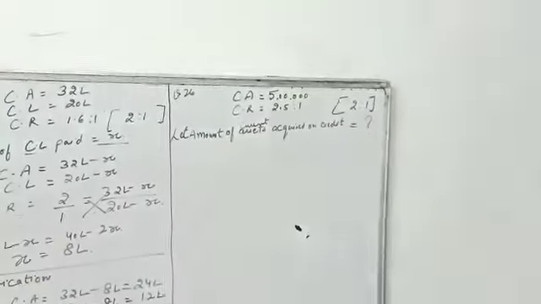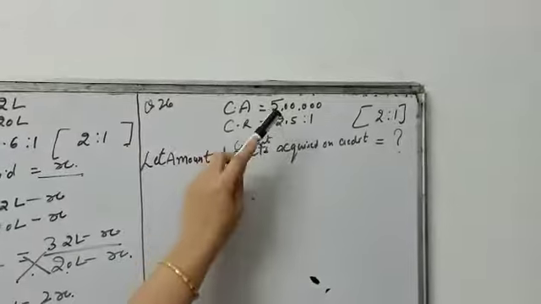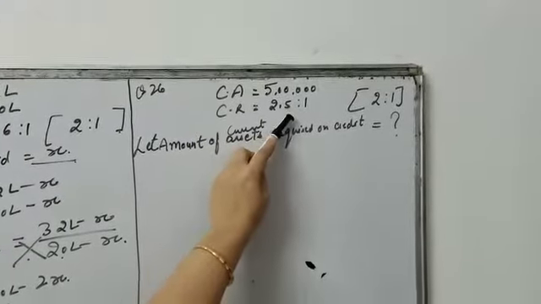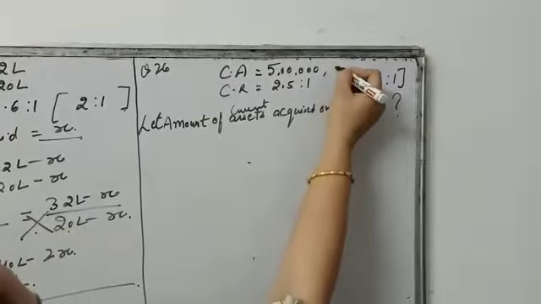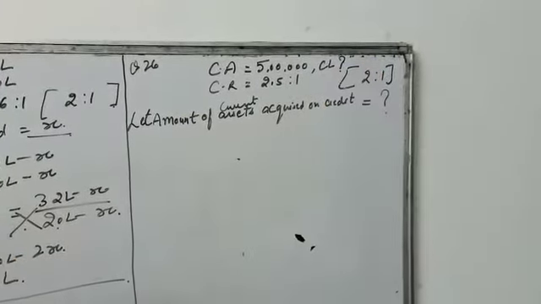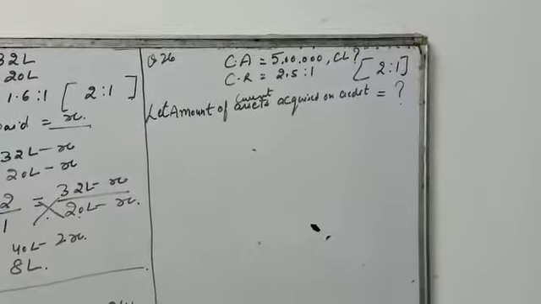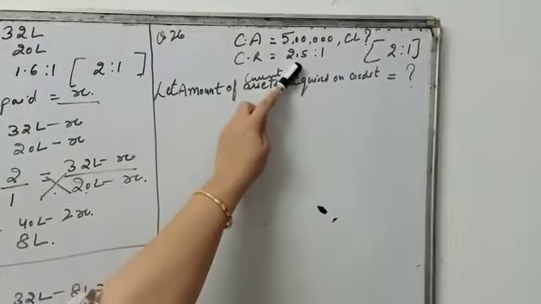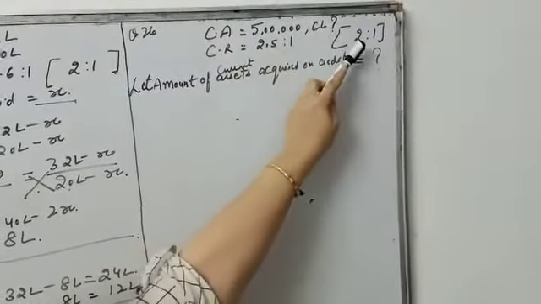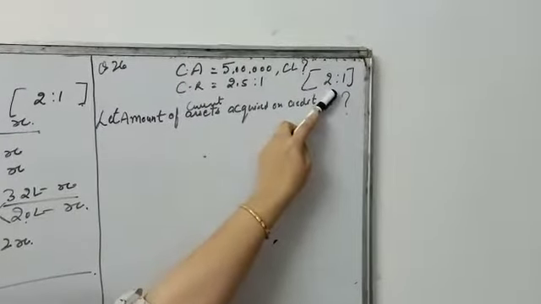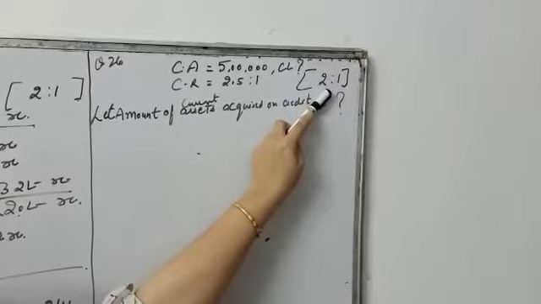Here current assets are given as 5 lakh and the current ratio is given as 2.5:1, but the current liabilities are not given. Here also the same thing: our ratio is given as 2.5:1, but the accountant is interested in maintaining the ratio 2:1.